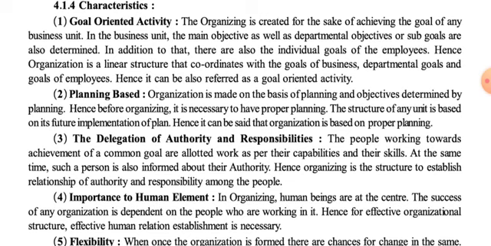So organization is made on the basis of planning and objectives determined by planning. So in the first step we are deciding the overall objective of the organization, and we are making a plan of who will do the work, when, how much time it will take to complete the work, etc.